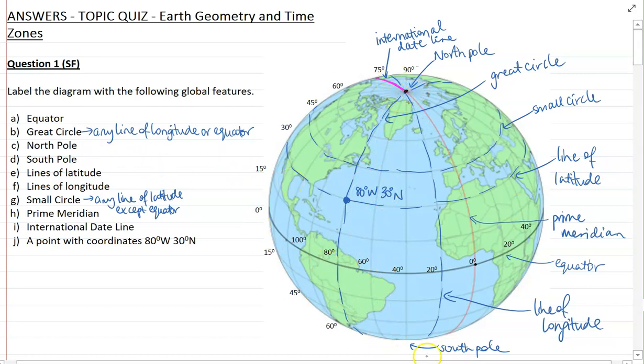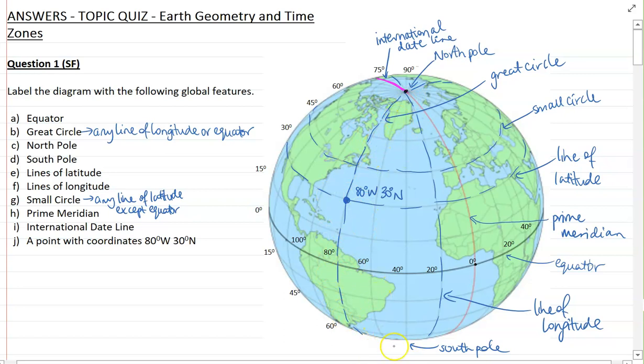North Pole up top, South Pole down the bottom. Lines of latitude, remember they are the horizontal lines and they vary in size. Lines of longitude, they're the ones that go around the length of the Earth, up and down.